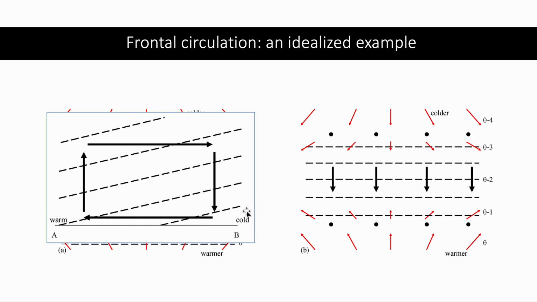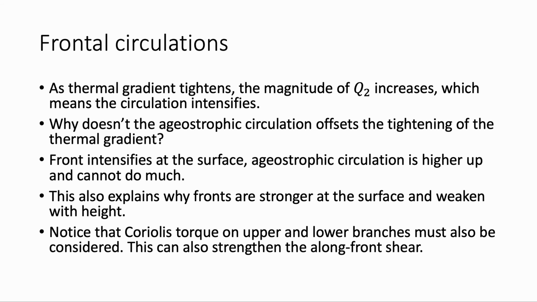Well, the answer is that when this is intensifying at the surface, these vertical velocities are not really strong at the surface, and so there's really little that this ageostrophic circulation can do at the surface. Okay, so the intensification leads to a strengthening of the front, and there's almost a sort of feedback in a sense, but the ageostrophic circulation is not enough to contrast this feedback.